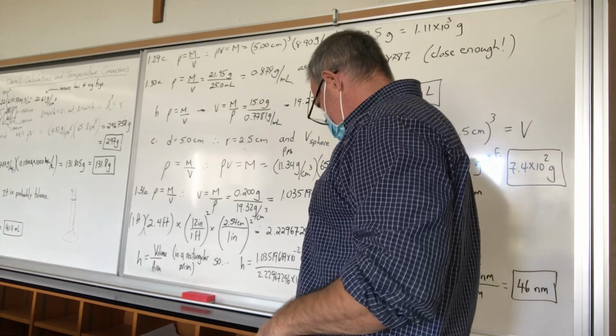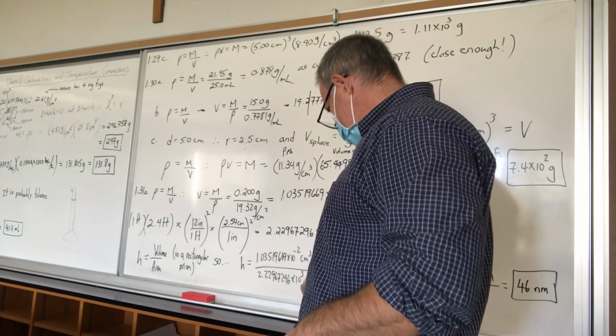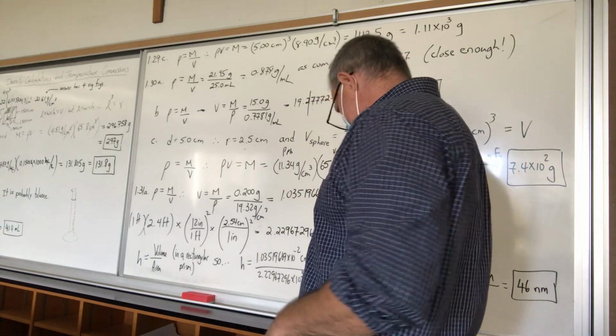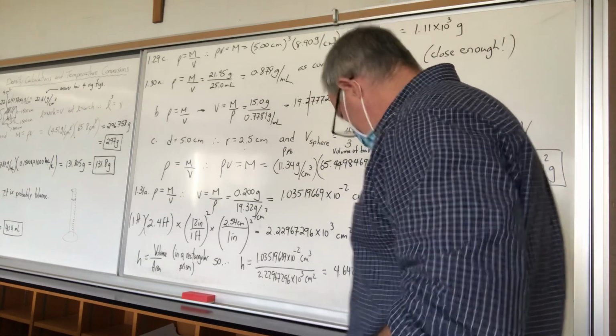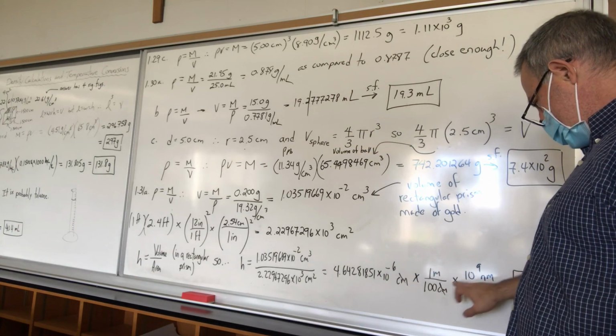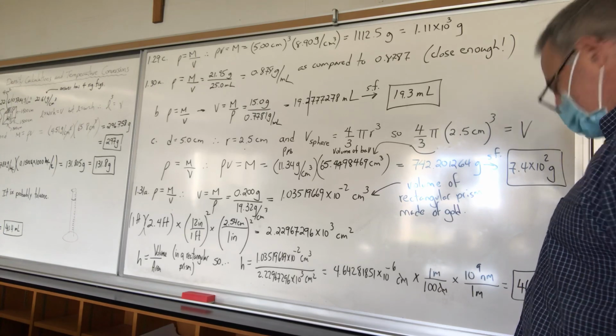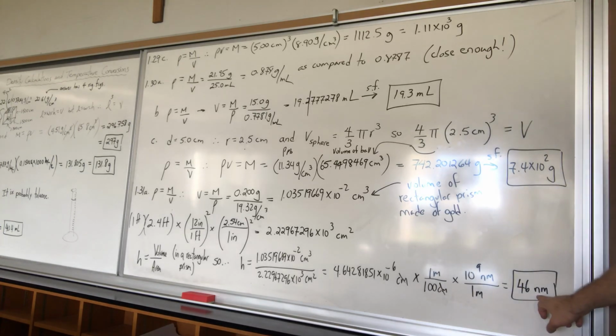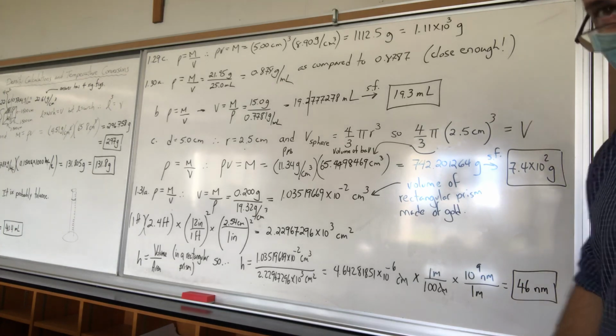So here's the volume of the thing, here's the area of the top of it, and we're trying to find the height. I found the height in centimeters, and I turned it into meters, and then I turned it back into nanometers, so the answer you get is 46 nanometers thick. So you get a very thin layer of gold, 46 billionths of a meter thick, and that's the homework for today, and I'm going to stop recording.